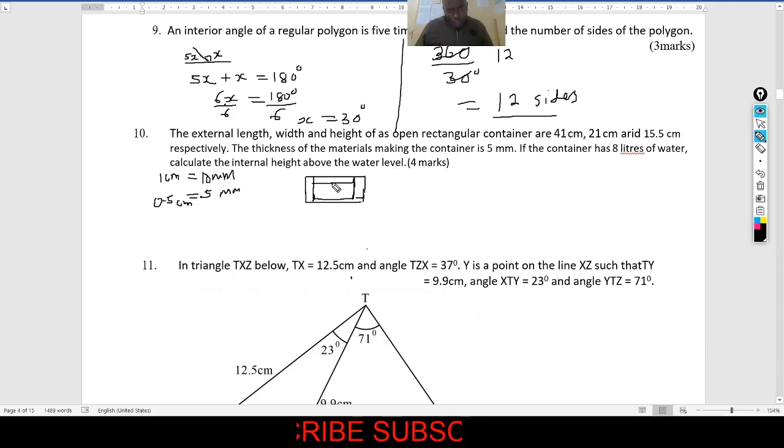It's open at this point, so the height is not covered.